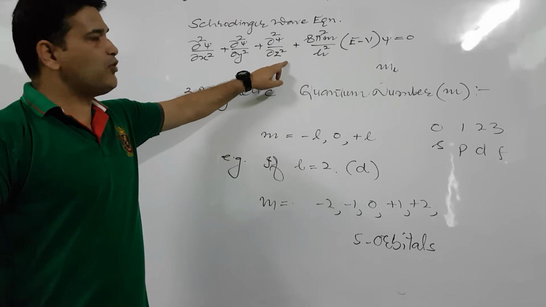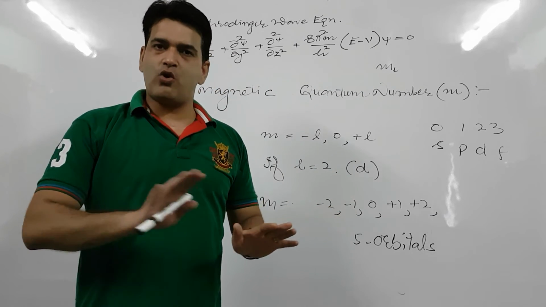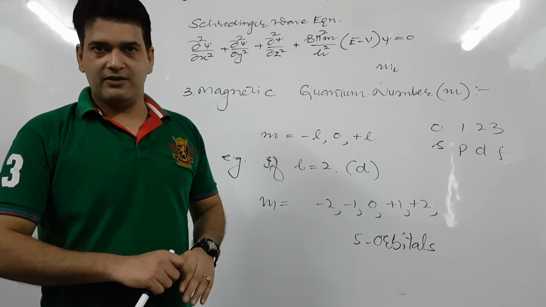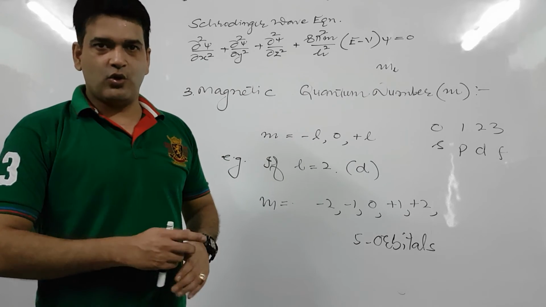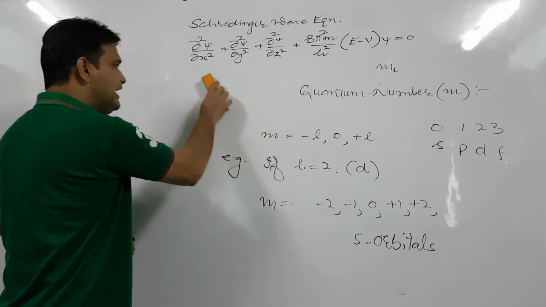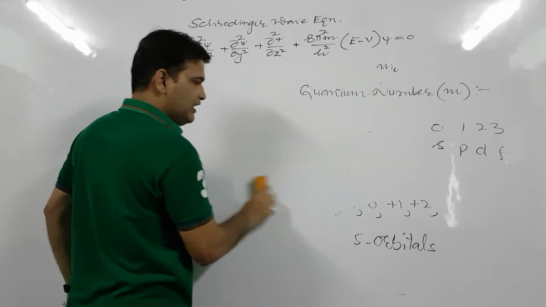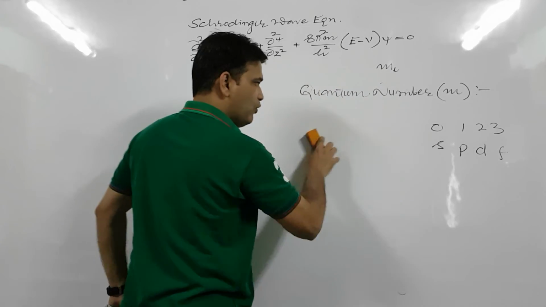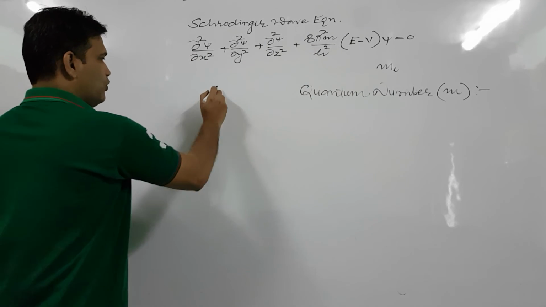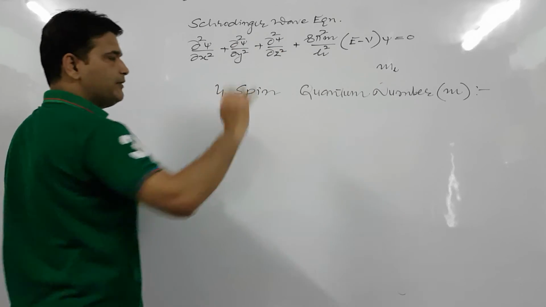But in this equation, there was no quantum number which can tell us about the spin of the electron. So the spin quantum number was introduced later on, and now we have 4 quantum numbers. The 4th quantum number is the spin quantum number.